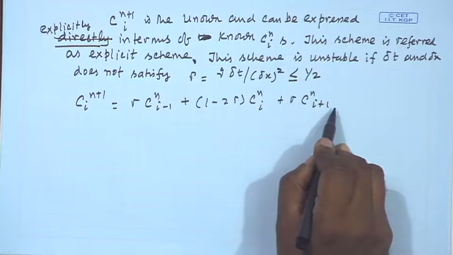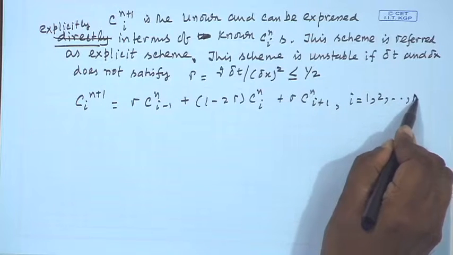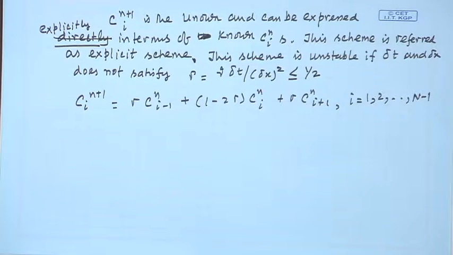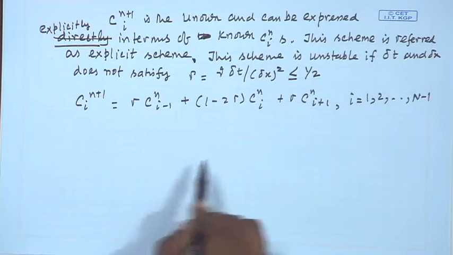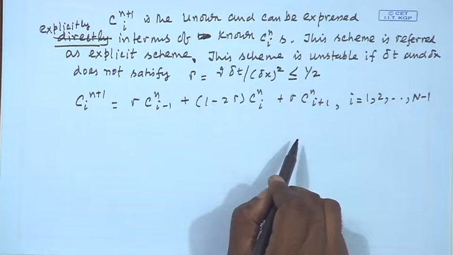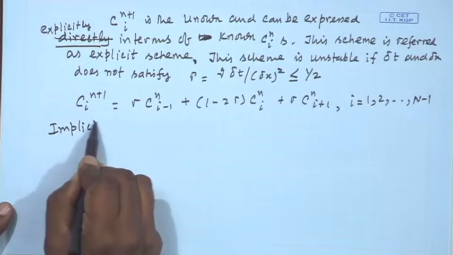Now you vary I from 1, 2, etc., n minus 1, and you get the whole set of values. But the drawback is that it is unstable and first order in time. So then we go to the implicit scheme.